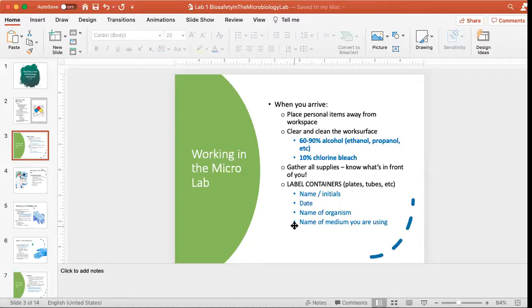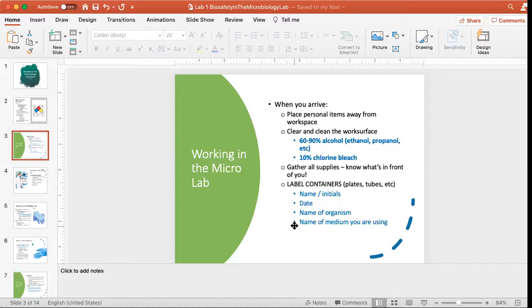And agar will grow bacteria because it's got some nutrients in it that bacteria need to grow. But there are lots and lots of different kinds of agar. So it's going to be important when I make that culture that I tell what's in the agar. What kind of agar is it? Again, there's a chance that somebody else in that lab is going to encounter that dish, that petri dish.